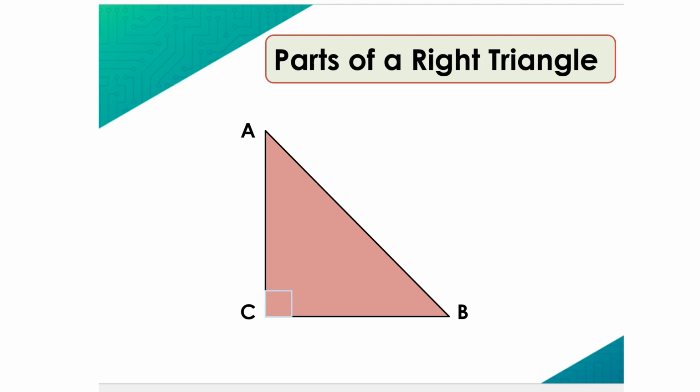Suppose we have triangle ABC. A and B are the acute angles of the right triangle. A, B, and C are the sides of the right triangle.